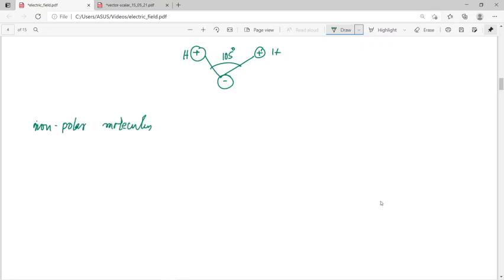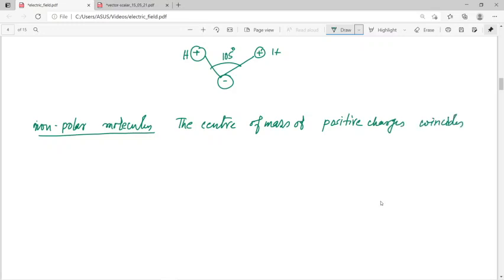In the case of non-polar molecules, it is the opposite: the center of mass of positive charges coincides with the center of mass of negative charges in a non-polar molecule.